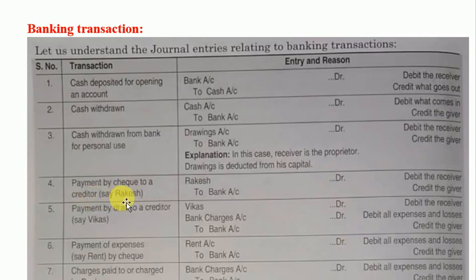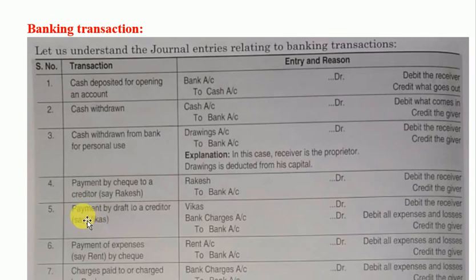Like Rakesh is a creditor, and the business has taken some commodities on credit, and on behalf of that the business will have to pay the creditor. So the journal entry will be Rakesh account debit to bank account. Here Rakesh is the receiver and the bank, you know very well, is the giver.